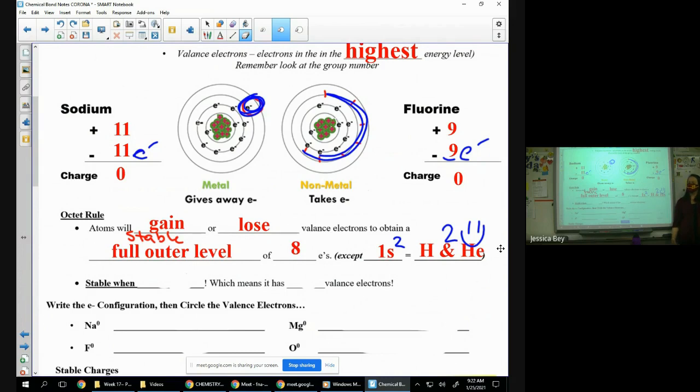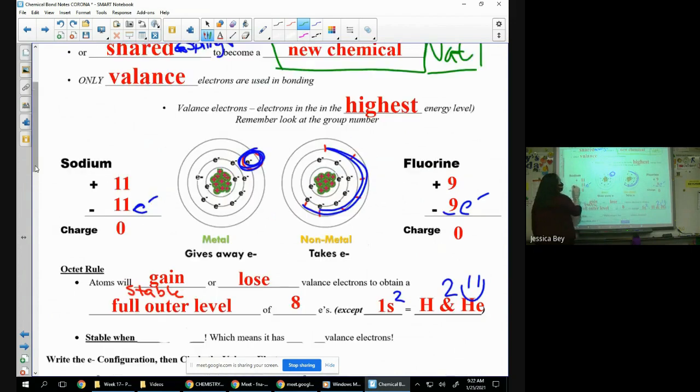Okay? Let's take a look here. That means that sodium here, does he want 1 valence electron? No, he wants 8. Do you think it would be easier in life to just give 1 away, or to beg from 7 people to get more electrons? It's just going to be easiest to give 1 away.